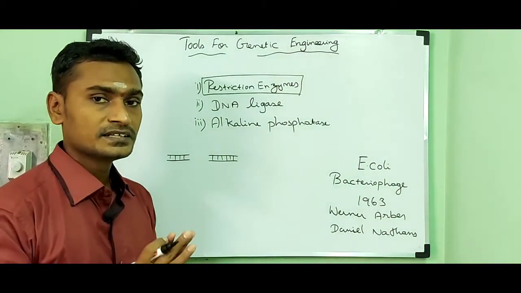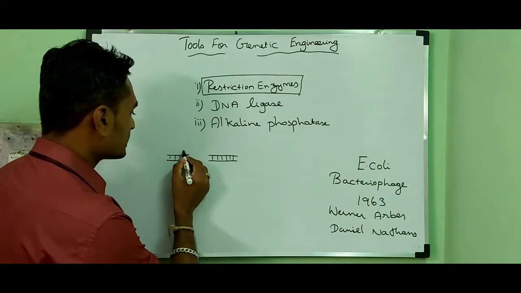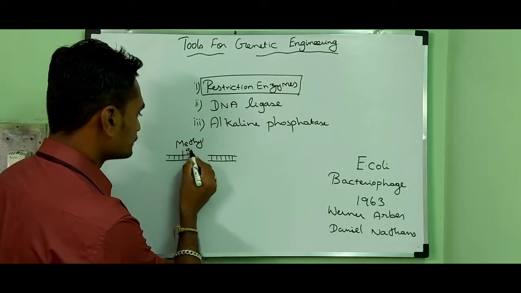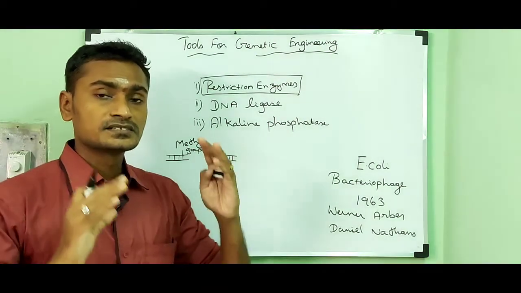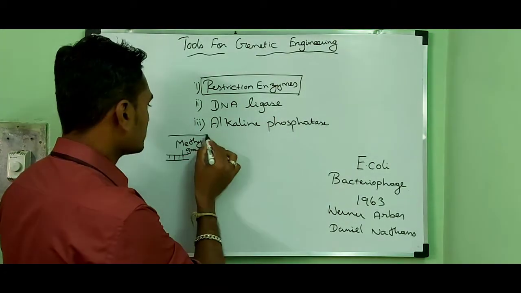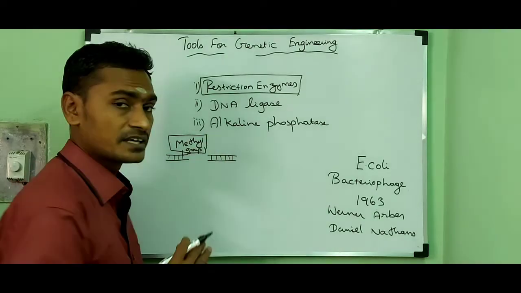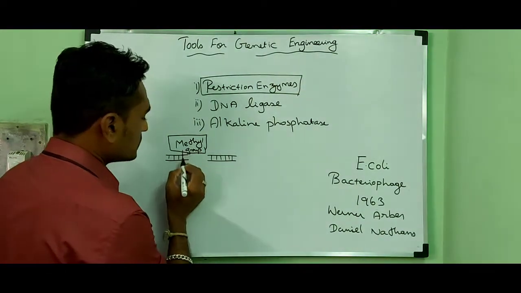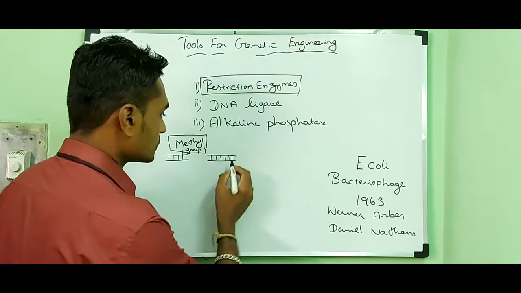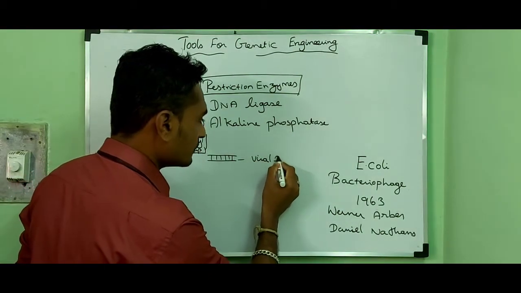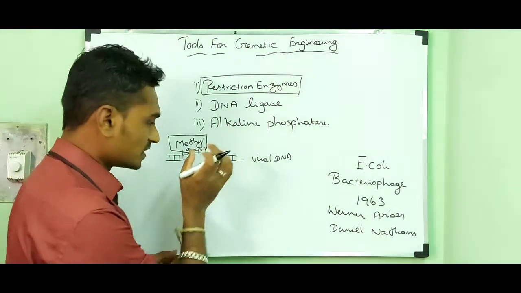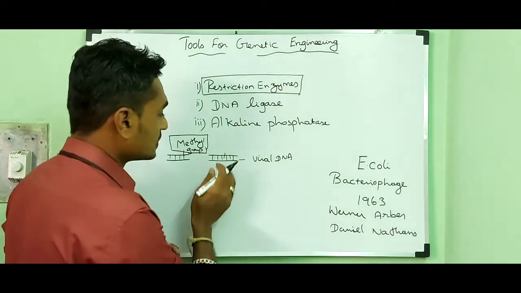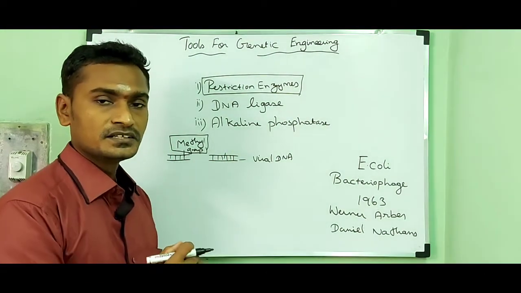Because the bacterial DNA, that is the host DNA, contains methyl groups. The enzyme recognizes the methyl group and won't make a cut on DNA which contains it. The viral DNA has no methyl group, so the enzyme can make a cut or split on the recognition site of the viral DNA.